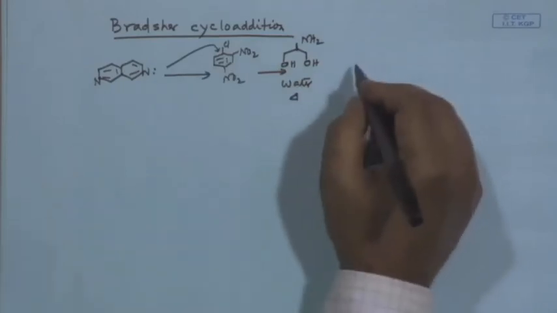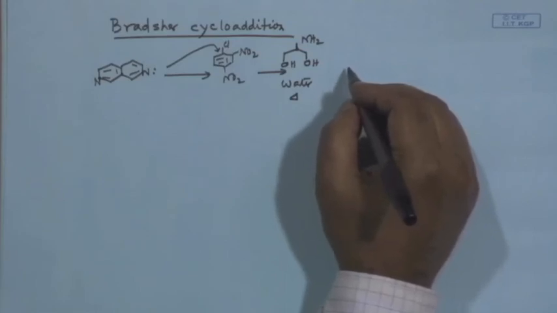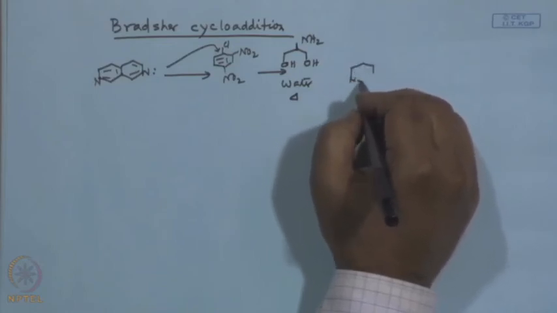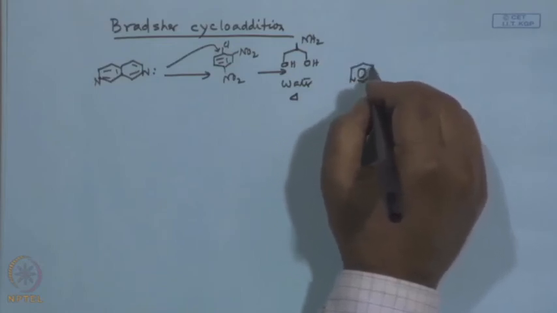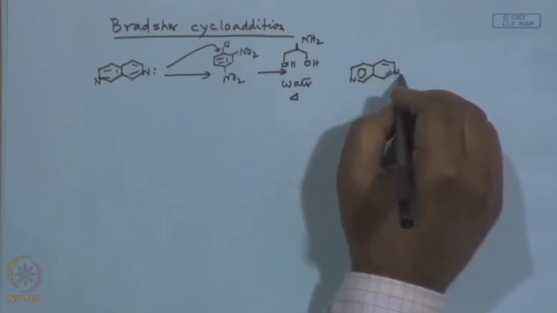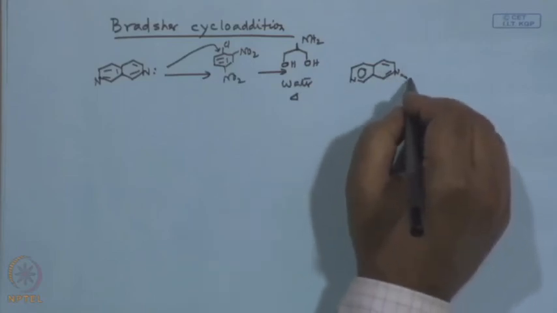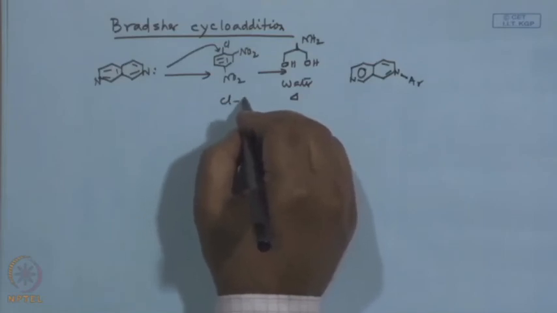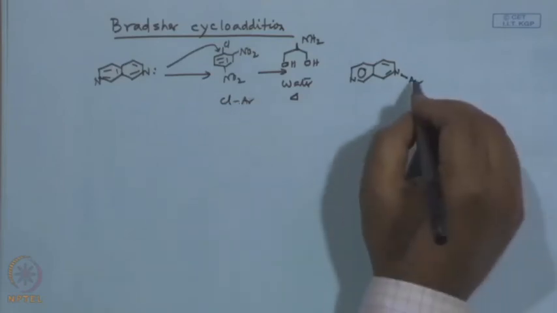We have seen that before, in the preparation of the zinc salt. Once it is quaternized on one side, the other side remains as it is. Let us say I will write Ar, and chlorine. What next?